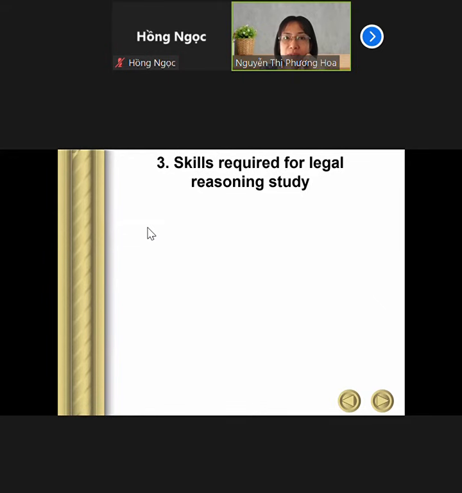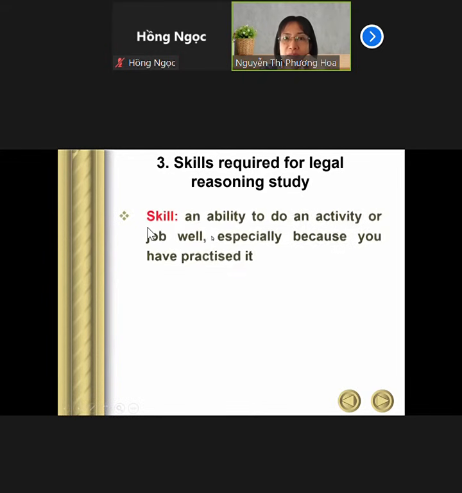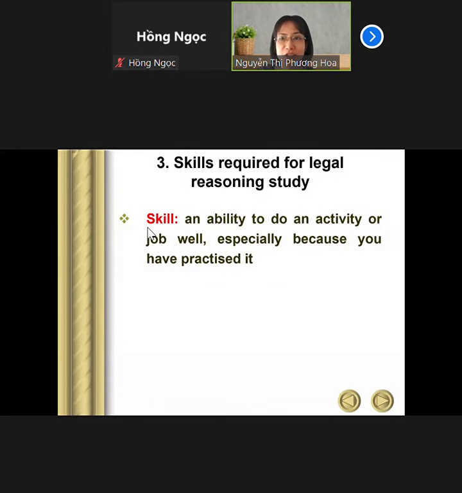Well, I suppose that someone can add some ideas about the differences between skill and knowledge. Skill is a capacity or an ability to do an activity or something well. And in order to have skill, you need to practice, right? I will give you an example. You are learning how to swim, especially frog swimming, because there are different types of swimming.